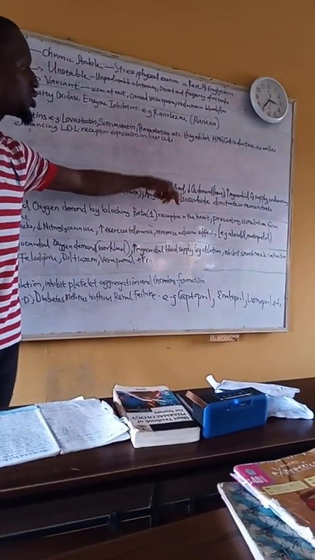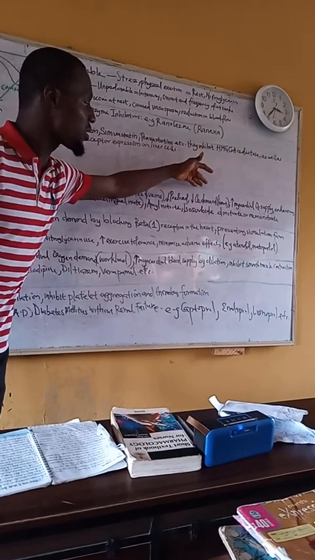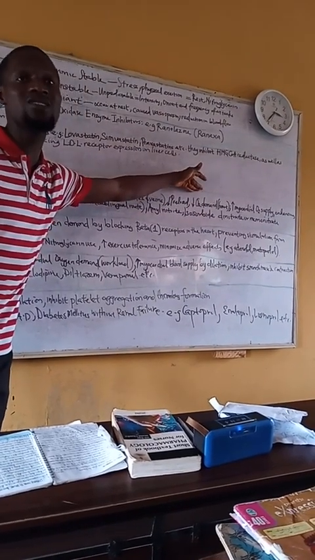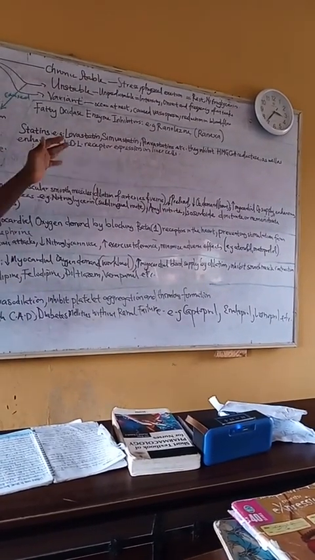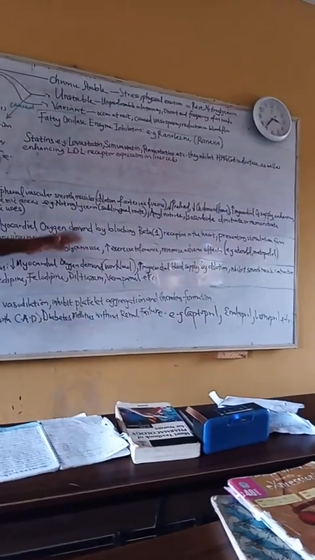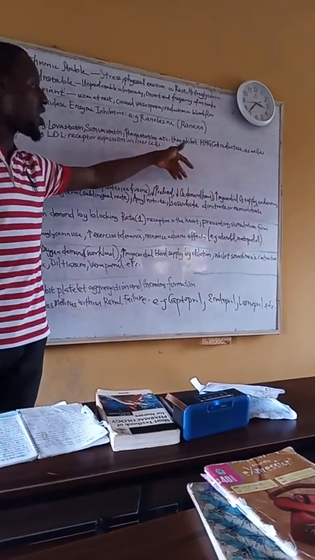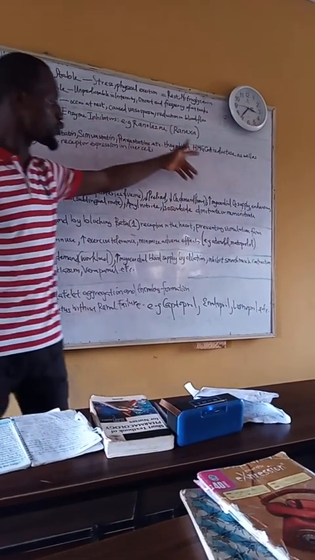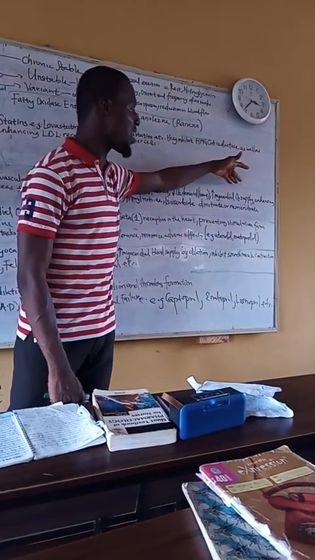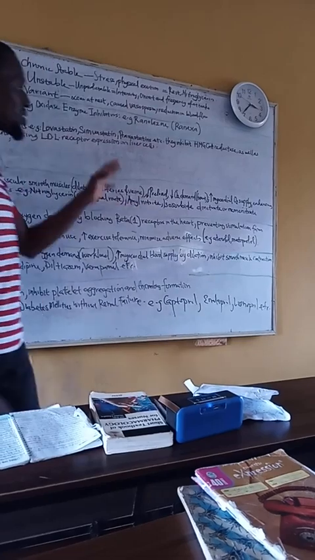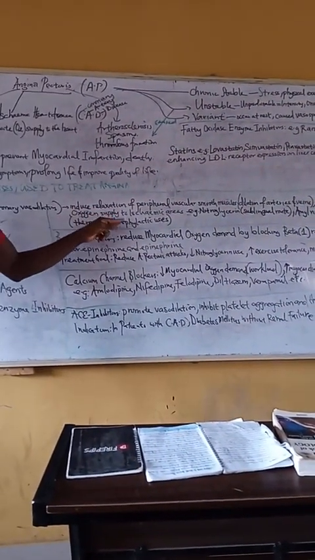Once you reduce preload, you also reduce myocardial oxygen demand, because the heart will be working less than it used to. Then by reducing myocardial oxygen demand, you increase myocardial oxygen supply. This would enhance oxygen supply to ischemic areas.